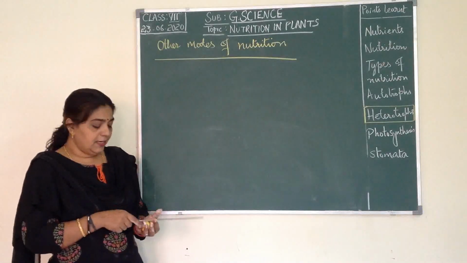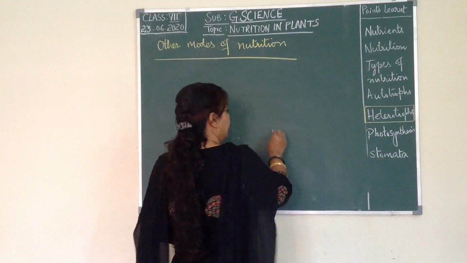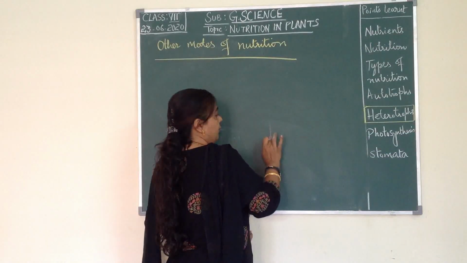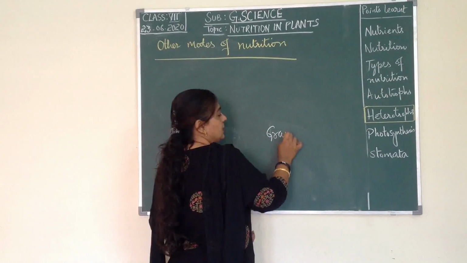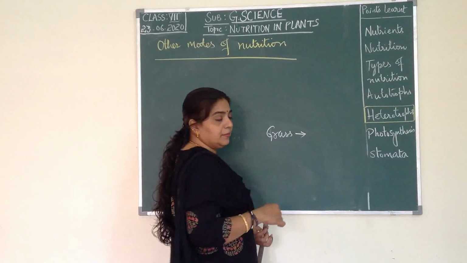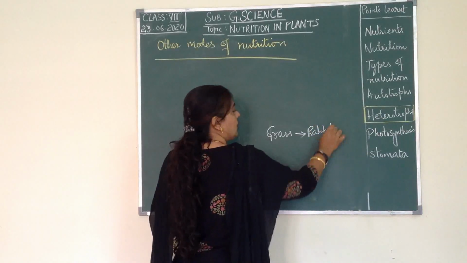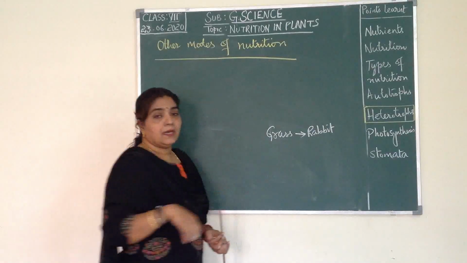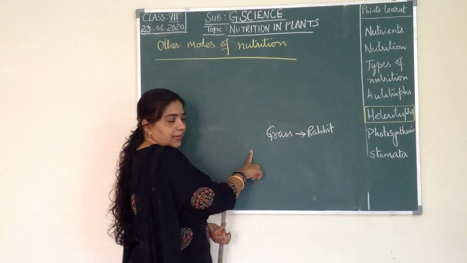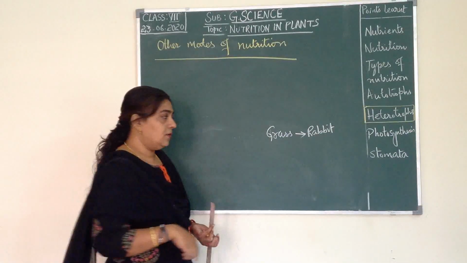So when I say indirectly, for example, imagine grass. Grass is eaten by the rabbit. So here the rabbit is directly depending on the grass, on the plants. Okay.